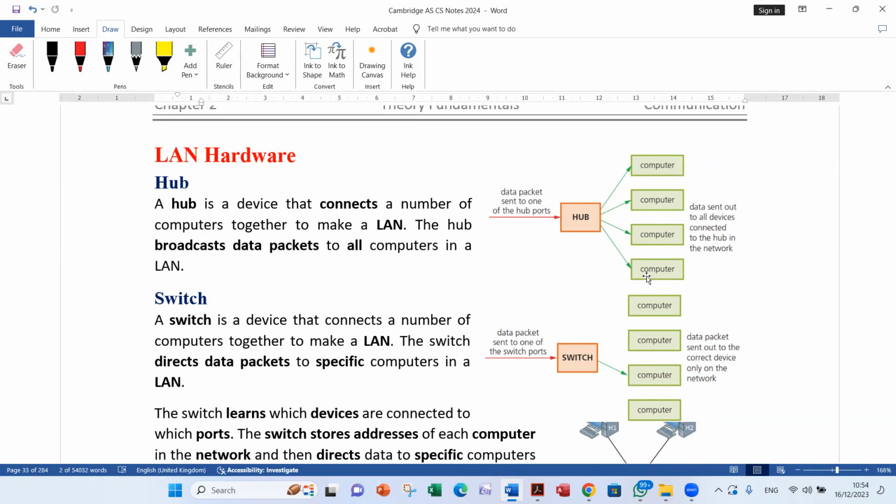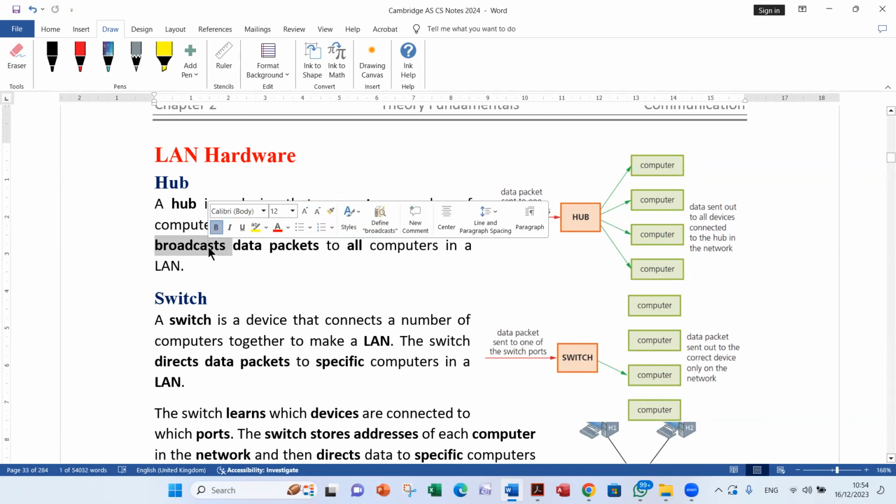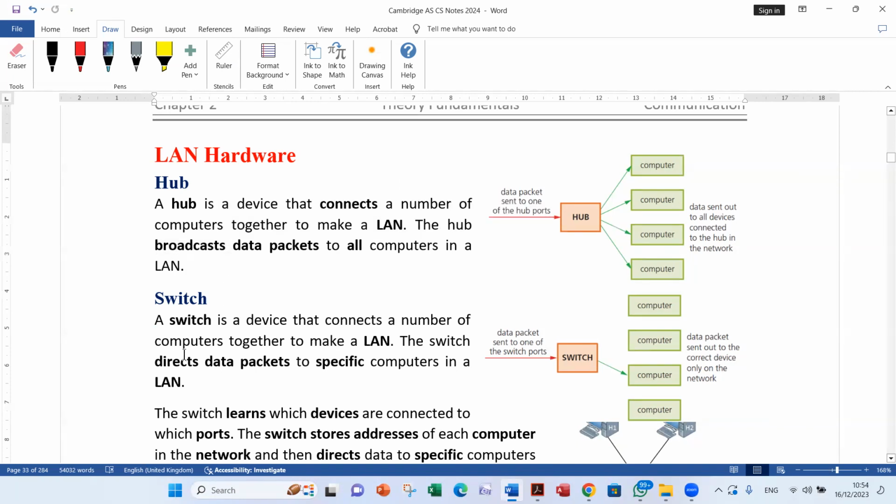So that thing we need to study about collision avoidance is already eliminated in the switch. However, it may occur if you have a bus topology, and it may occur if you have a star topology with a hub, because it broadcasts all data to all computers, causing collisions. However, the switch only transmits data packets to specific computers and causes no collision.